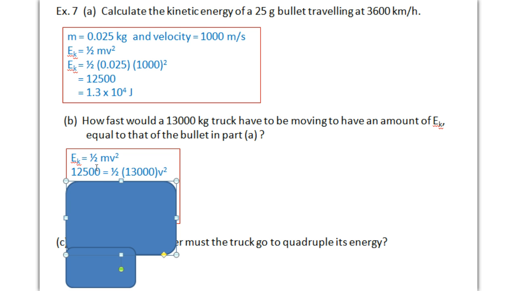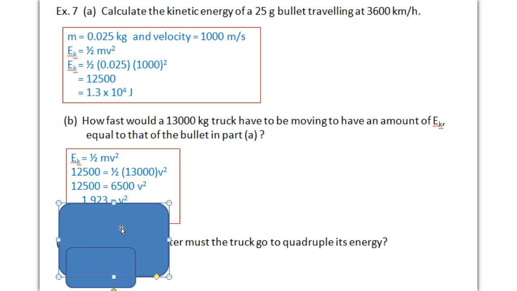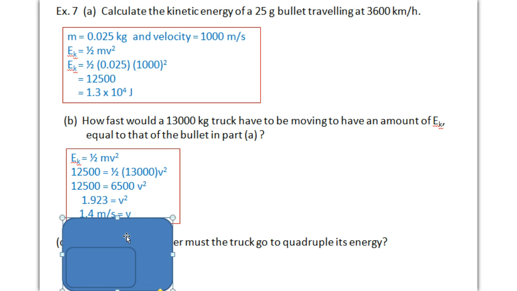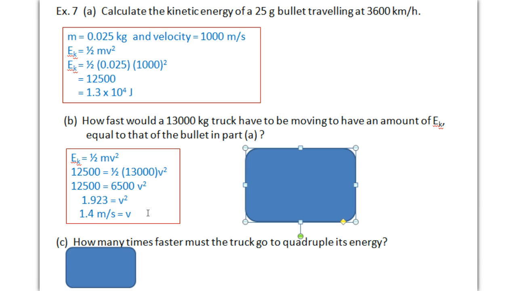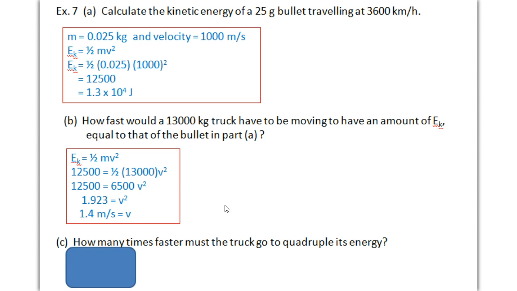And you may have noticed that in some of the other steps earlier in this lesson. Multiply by half, and then you're going to divide that into your kinetic energy. And don't forget to take the square root. So the truck would have to move at 1.4 meters per second to get the same kinetic energy.